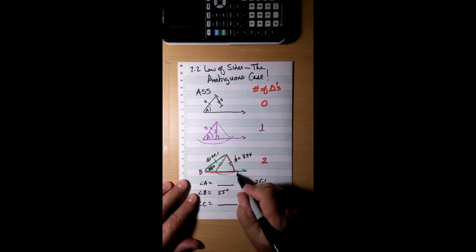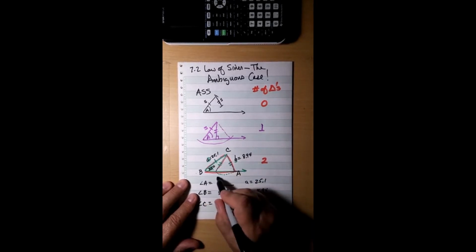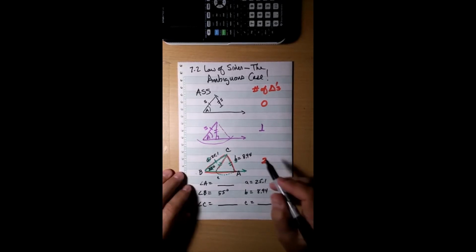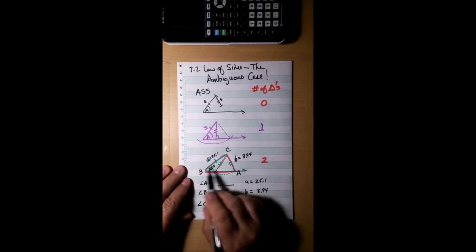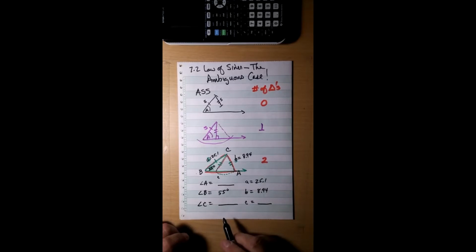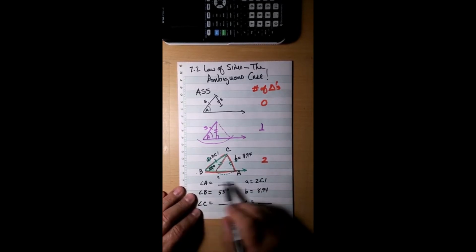That means that this must be angle A over here, and this must be angle C, this whole side c. So now that you know that, and I do it this way so that it's always got this angle side side situation set up.